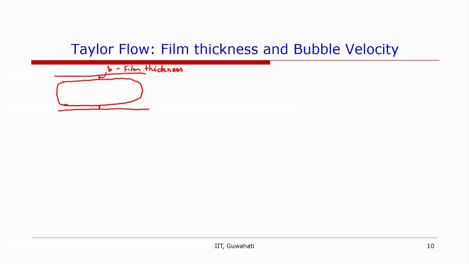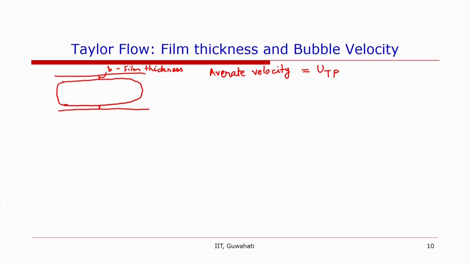If we apply mass balance, we have just found that average velocity is equal to UTP.